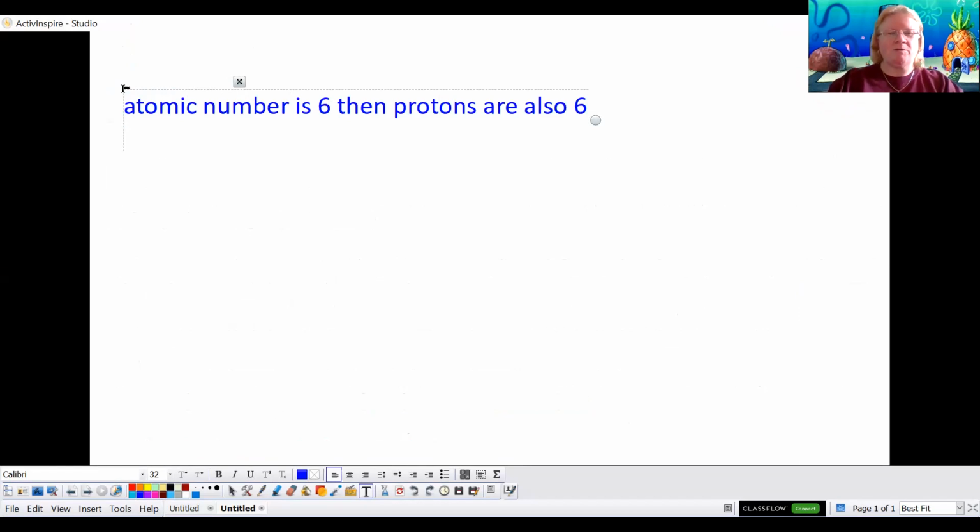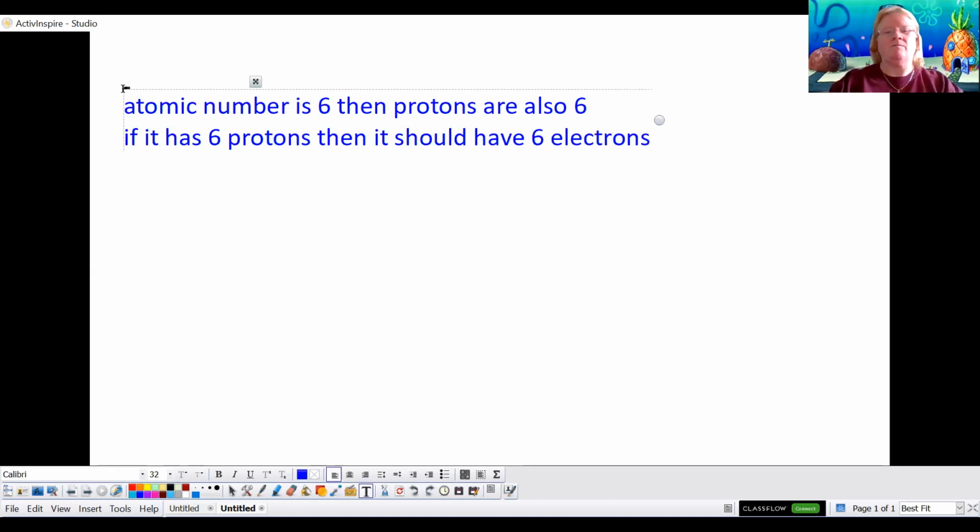If it's got 6 protons, then it should have 6 electrons. Now to find the neutrons, remember from the notes, you take the rounded atomic mass, and you subtract the number of protons.